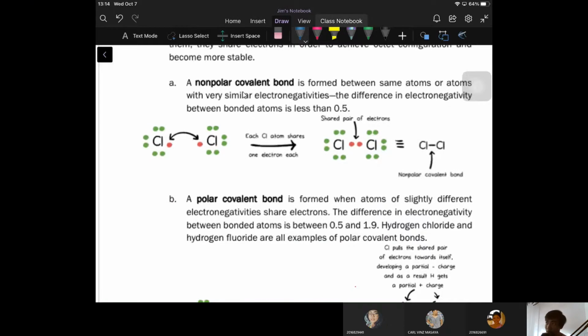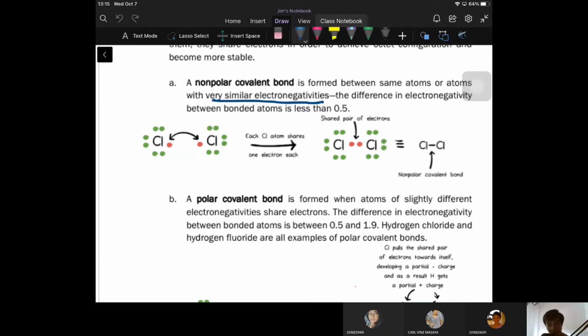So, let's go with the nonpolar covalent bond. Nonpolar covalent bond, from the word itself, nonpolar, that means the electronegativity difference is not that big. They have similar electronegativities. Kung naaalala nyo yung table, yung line graph, makikita nyo doon kapag pinag-subtract nyo yung dalawang electronegativity, you will get a certain value, di ba?